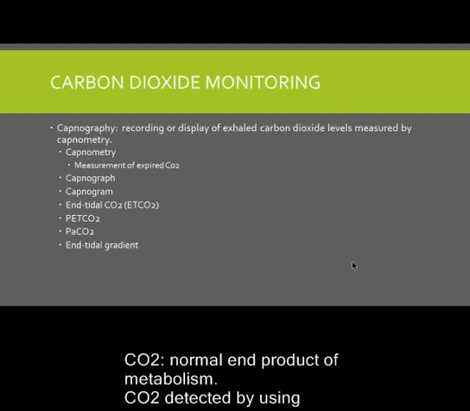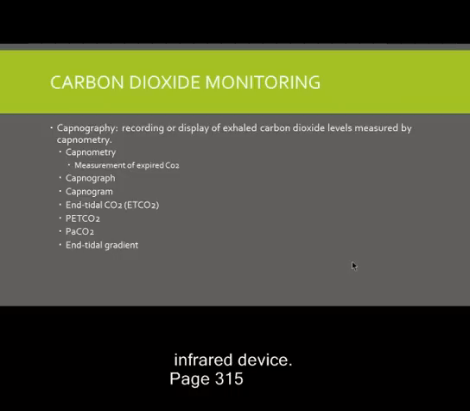Your capnometry is going to just be what? Number. Yeah, it's just going to be that little number in the corner there. We want that to be what? 35 to 45. Where your capnograph, just like an electrocardiograph, is going to be a waveform. All right? Same with your capnogram.